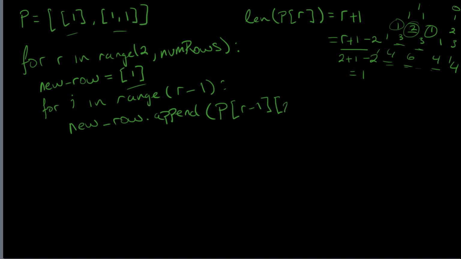So we'll start at I, and we'll be adding P at the row above it with the next element, which would just be I plus 1.